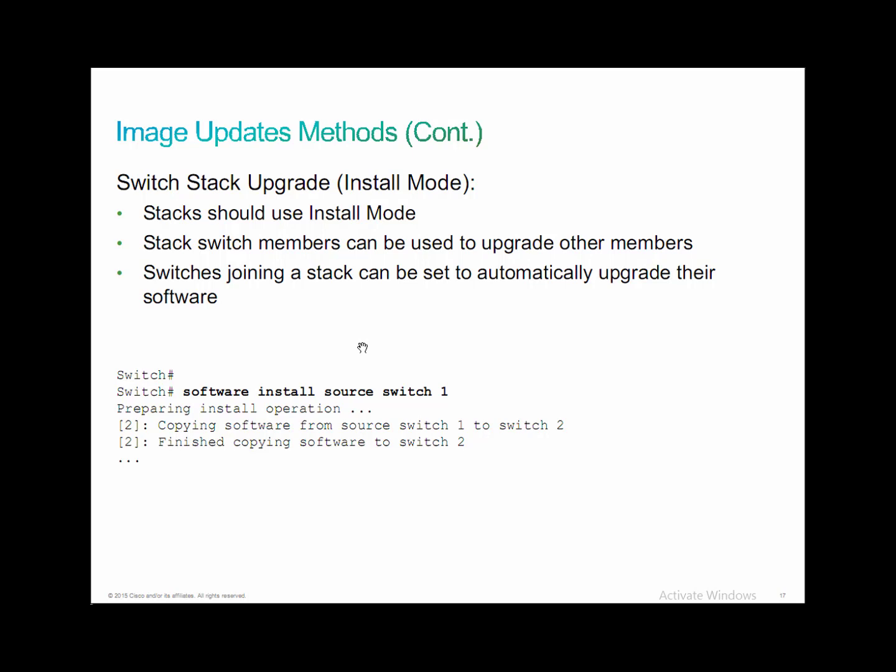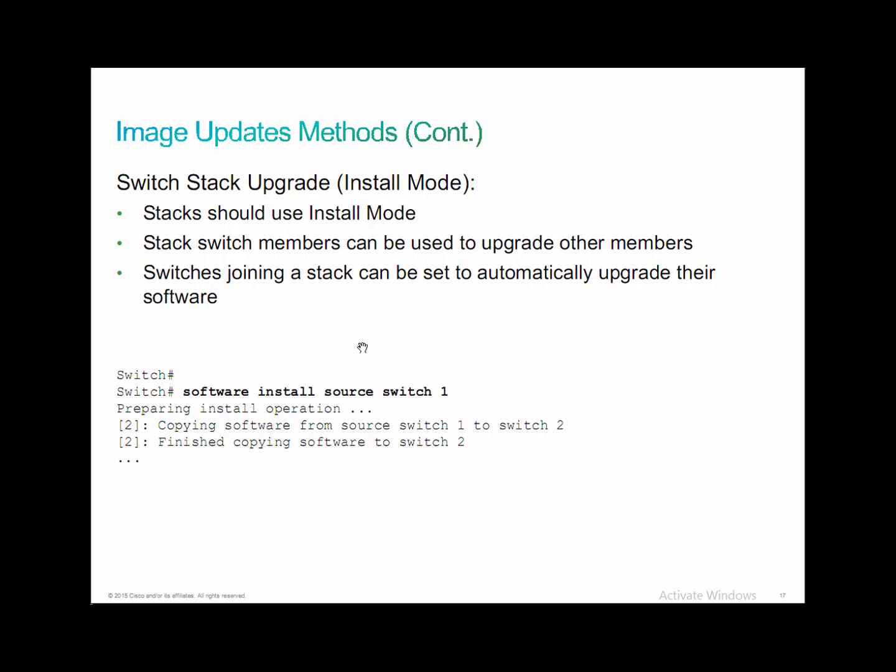We identify that as the source for installing the packages on all the other switches in the stack. You can see the command there for updating the different stack members. You only need to reload the newly added switches if there's an upgrade applied. You don't have to reload the whole stack if you're applying an upgrade.